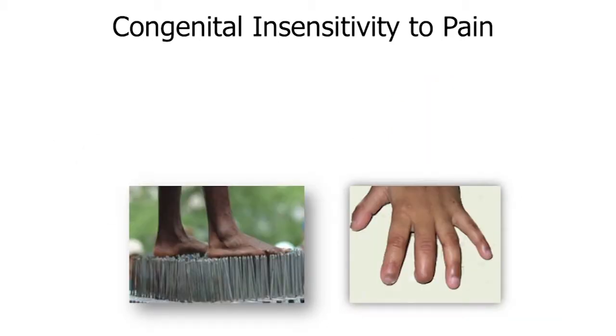These individuals not only demonstrate a lack of pain in response to noxious stimuli, but actually damage themselves because they are unaware of the potentially damaging features of our environment. For example, we explore the world with our fingers, and if we are not aware that something is potentially dangerous, we may actually injure ourselves.